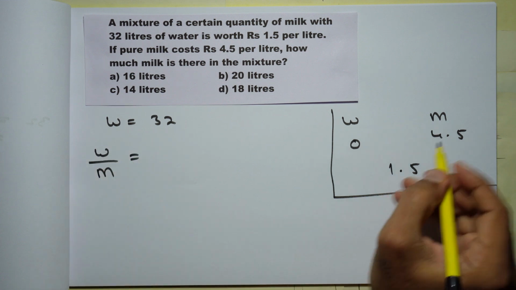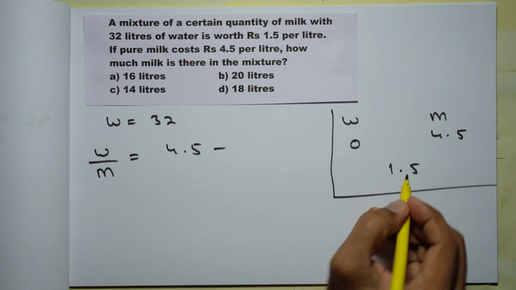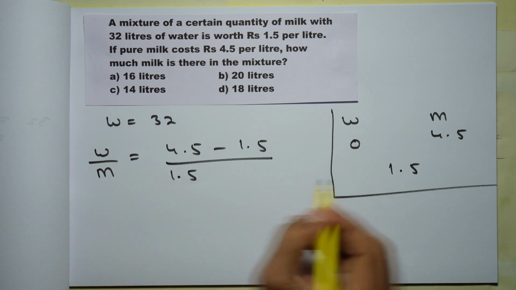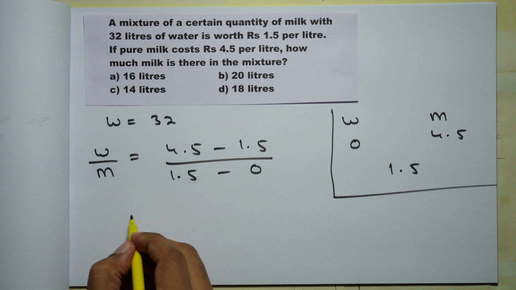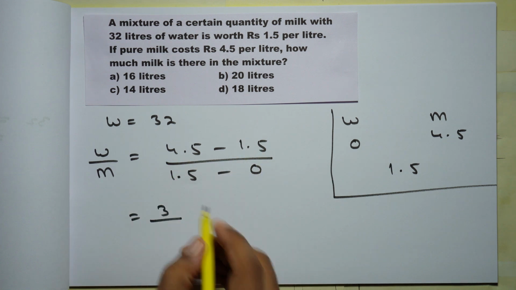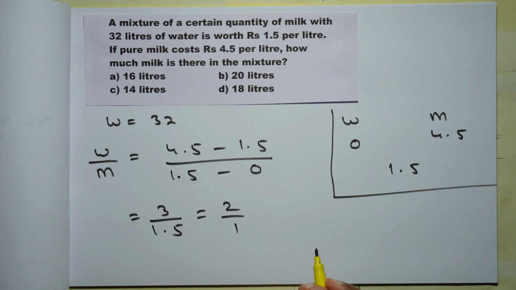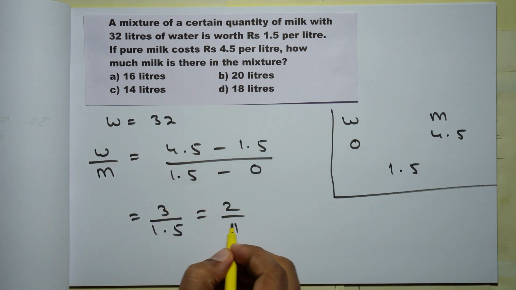This ratio is given as price of the expensive one, that is 4.5, minus mean price 1.5, divided by mean price 1.5, minus price of the cheap one 0. So that is obtained as 4.5 minus 1.5, that is 3, is to 1.5. That is in the ratio 2:1. So water and milk are mixed in the ratio 2:1.